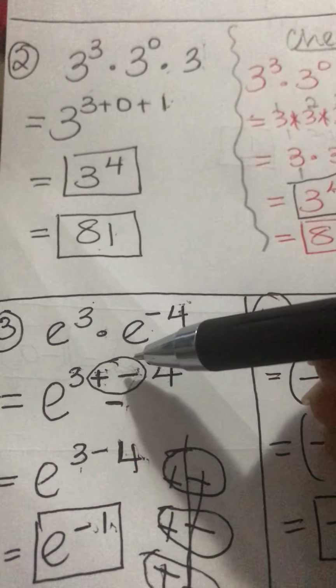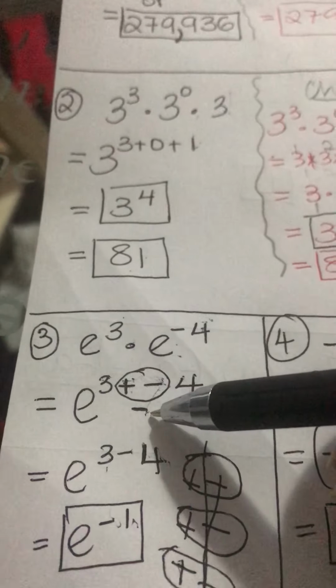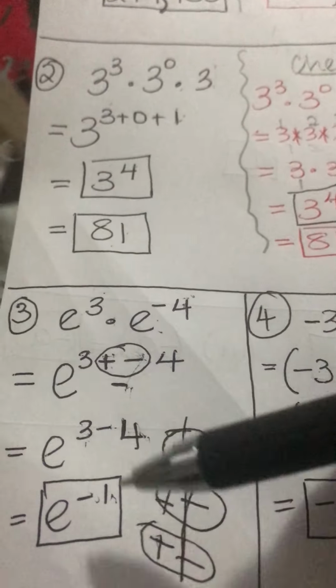Now remember what we said in grade 7? When we have 2 signs next to each other, we need to convert them to one sign. If my signs are different, then they become minus or they become negative. So then you will do 3 subtract 4, which is -1, and this is your answer, okay?